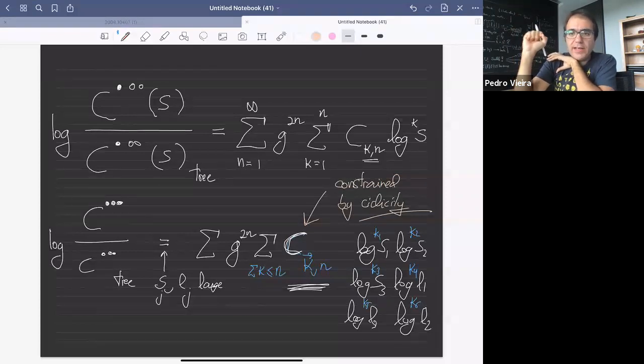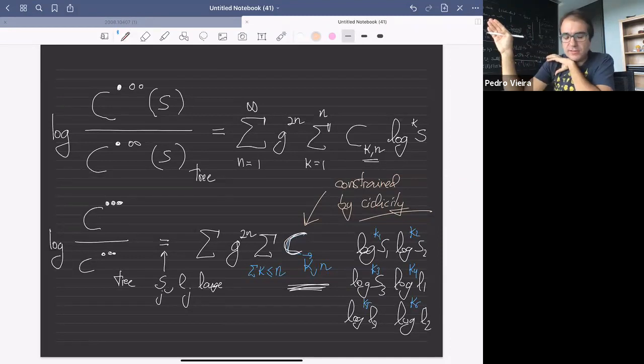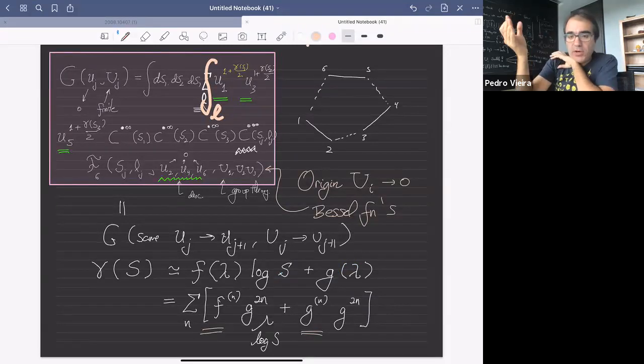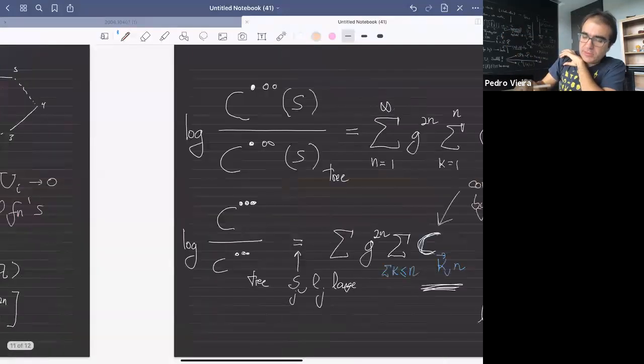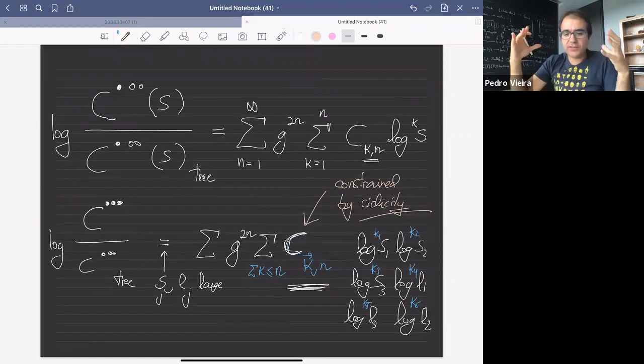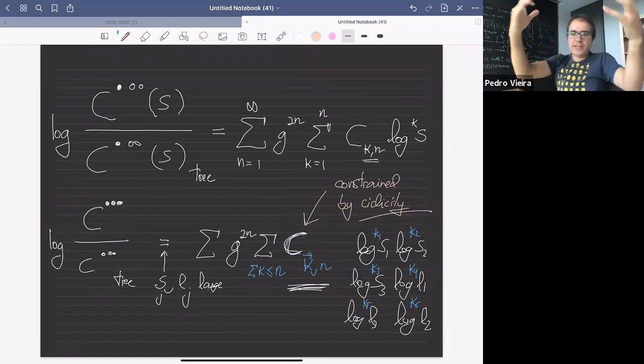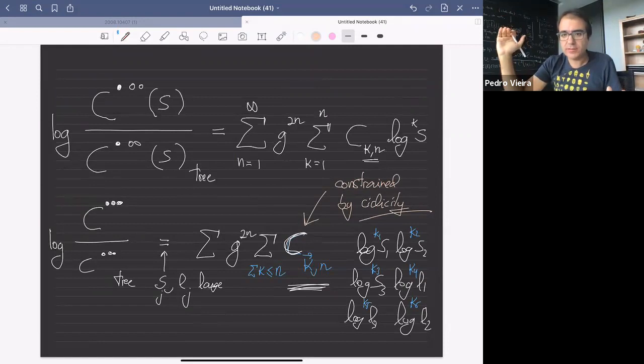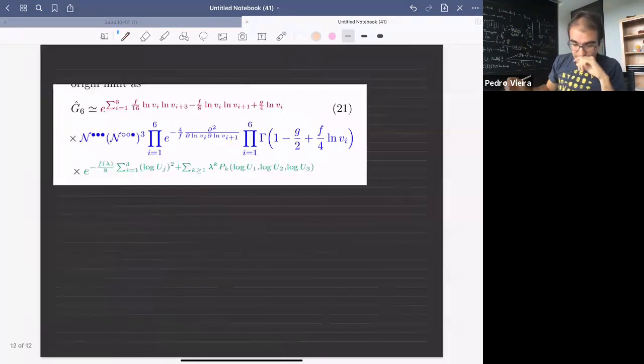And then the claim would be that you would fix all these constants at all loops in terms of the constants that appear here in the anomalous dimension. Because we are doing 6 points, we don't fix completely. The result, it will fix most of these constants. Then you plug it into the 6-point function and you get some 6-point function in this limit. Okay, so that's the result I'm going to show.